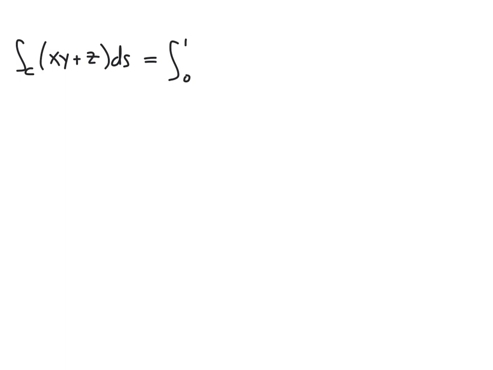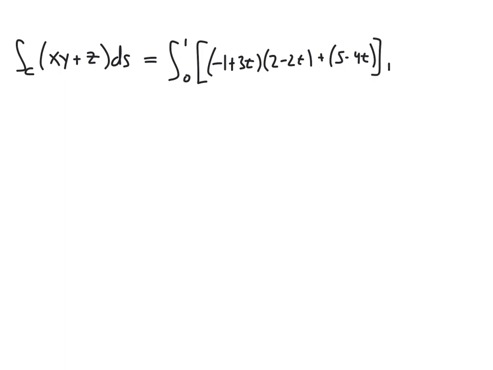We're going to substitute in the components of our vector equation for our curve in for x, y, and z. So we're going to integrate -1 plus 3t times y, which is 2 minus 2t, plus z, which is 5 minus 4t. So this is our function.